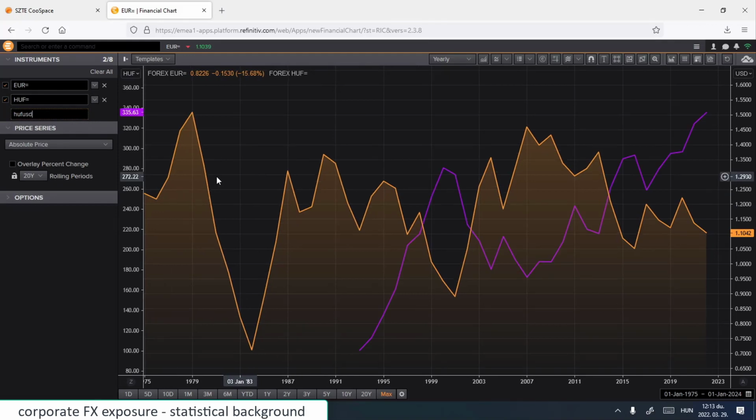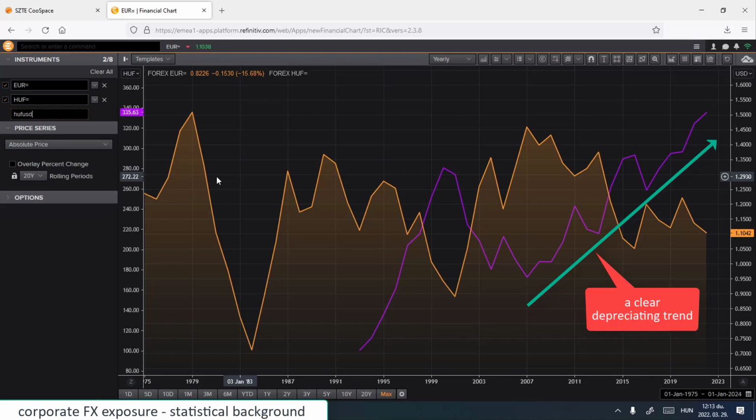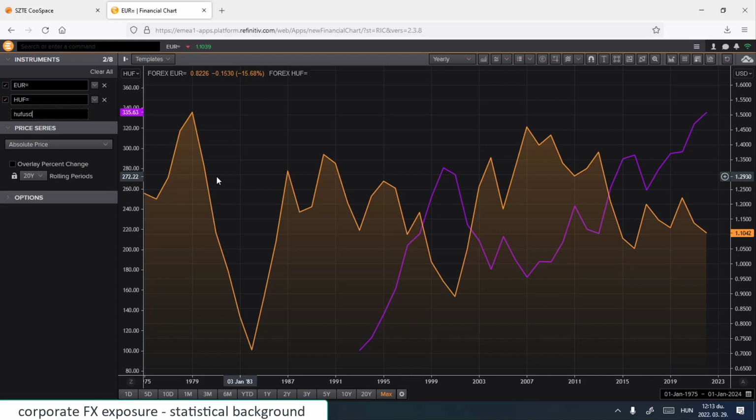In this case we can see a clear depreciating trend. But in the case of the US dollar euro rate we cannot see this, so it fluctuates at most between 1.4 and 0.9.